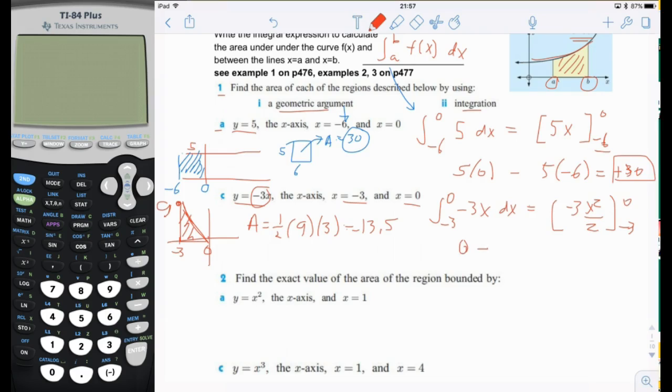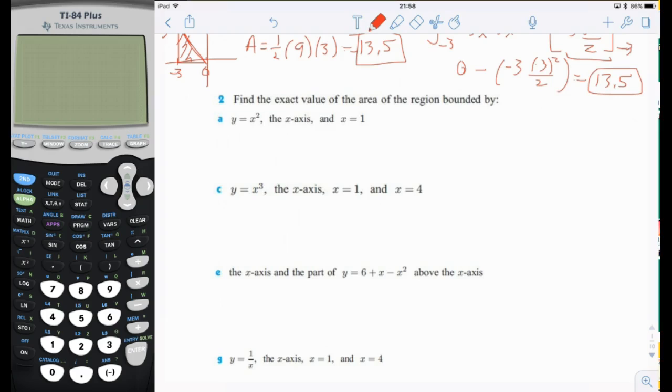Then we subtract, substituting -3, so it's going to be minus a -3, and -3 squared divided by 2. And so that's going to be a positive 27 divided by 2, which is 13.5. Same thing, right? So we got 13.5 using geometric arguments and also using the integral.